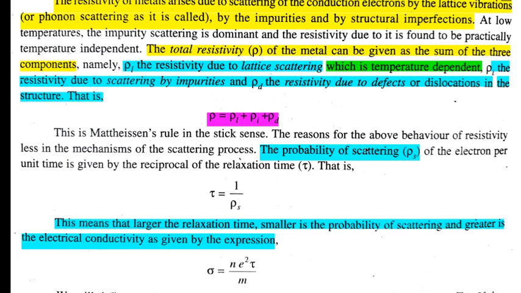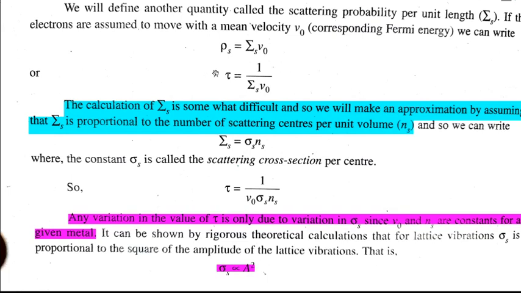Rho s is the scattering probability, and we have seen that it is sigma s into the Fermi velocity or the mean velocity. So it's 1 over sigma s v0. Remind you again, sigma s is nothing but the scattering probability per unit length. If an electron travels one unit length distance, what is the probability of scattering in it, multiplied by its mean velocity, and that is what gives you rho s, and rho s has an inverse proportional relation with tau.